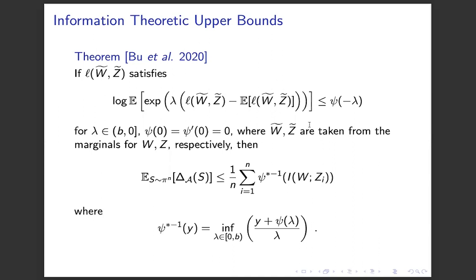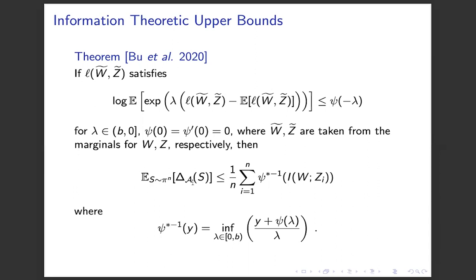The bounds look something like this. If you assume that the loss, as a random variable in terms of the independent versions of the random variables W tilde and Z tilde, satisfies some sort of tail bound, which we write as an upper bound on the cumulant generating function, then you can get an upper bound on the expected generalization error that looks like this.